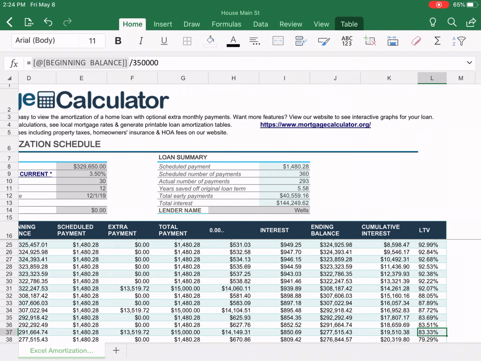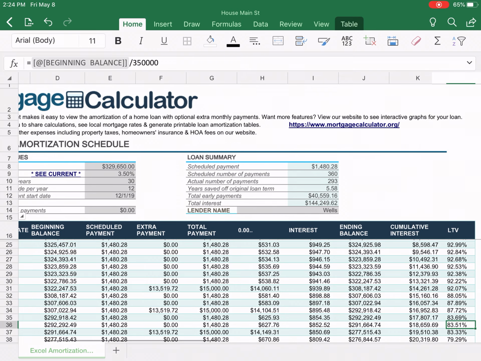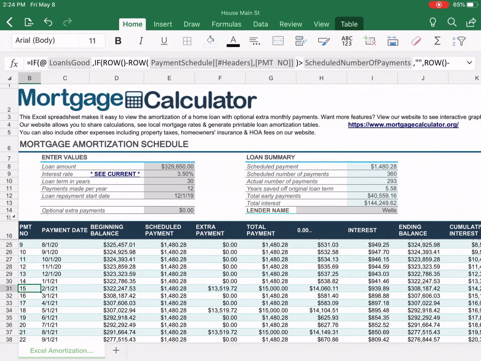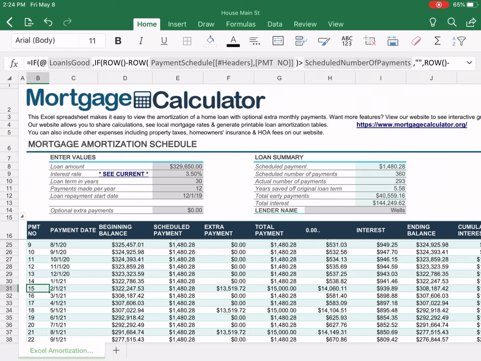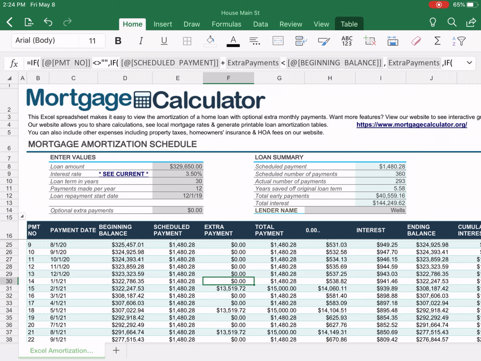So, today we're going to be looking at my mortgage, and I'm going to demonstrate how I'm going to use the velocity banking chunking to pay my mortgage off, right?